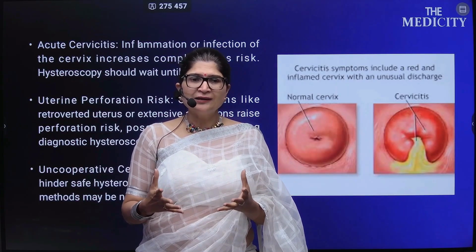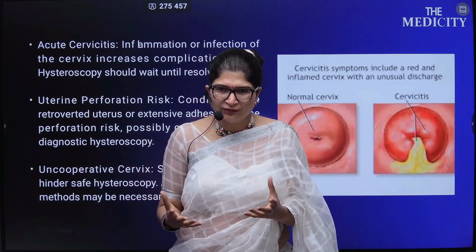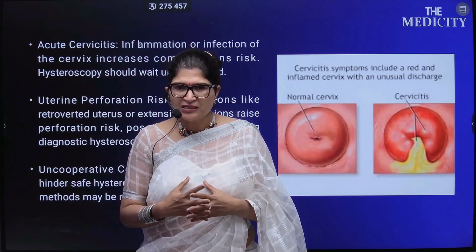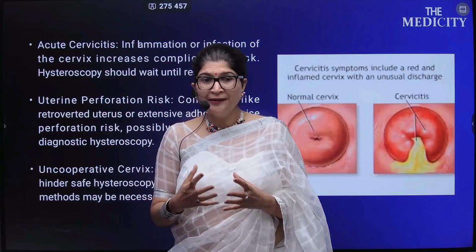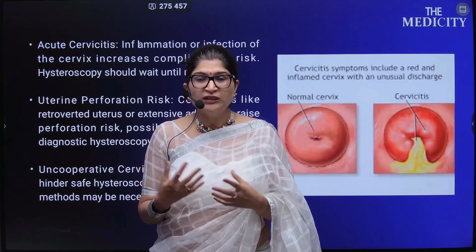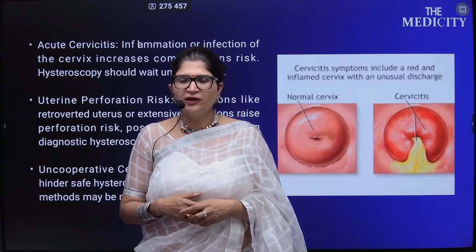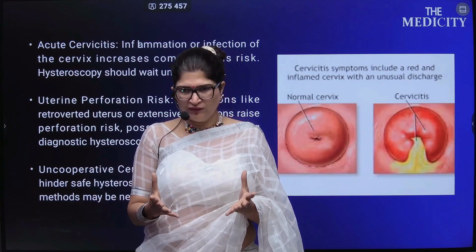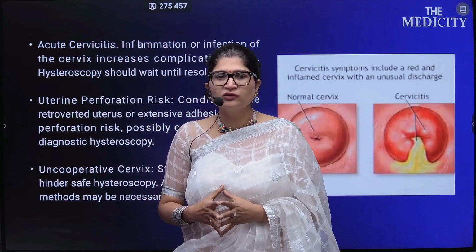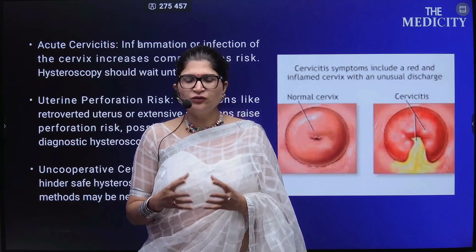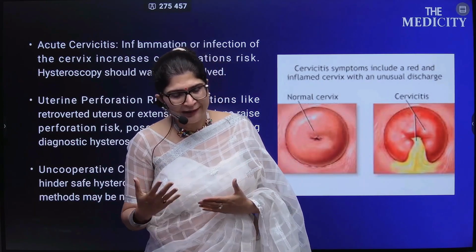If the patient has an uncooperative cervix, where the cervix is highly stenotic, the os is tightly closed, and it might hinder the hysteroscope from going in, then we have to think of either enlarging the cervical os by dilatation or by giving drugs like misoprostol, where the cervix is dilated before we plan for hysteroscopy. So acute cervicitis or a stenotic cervix might hinder hysteroscopy.